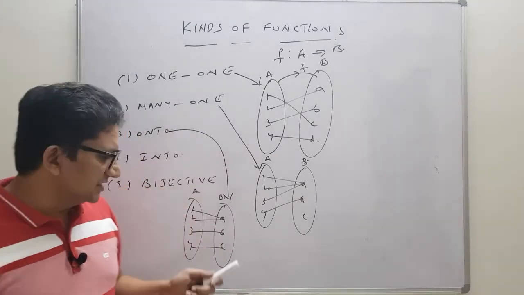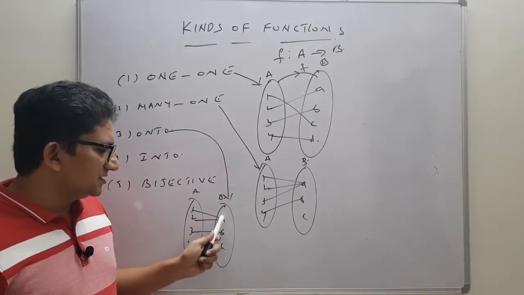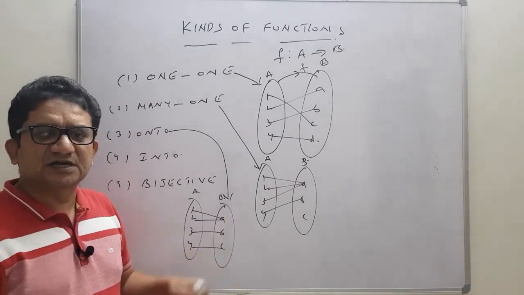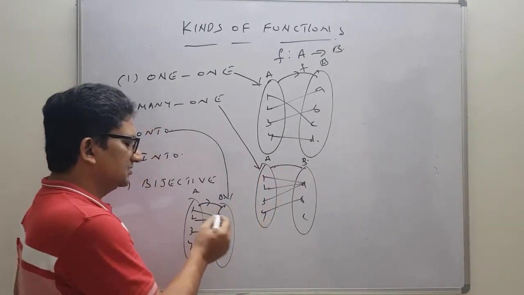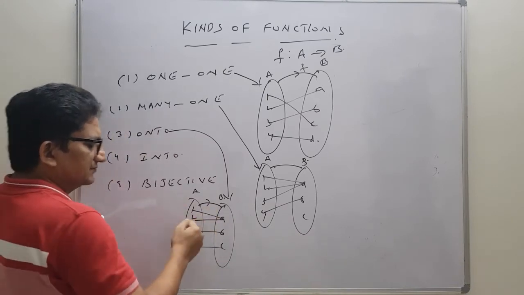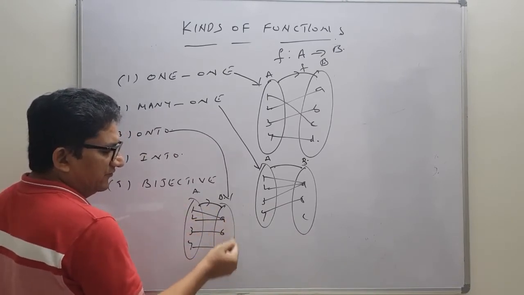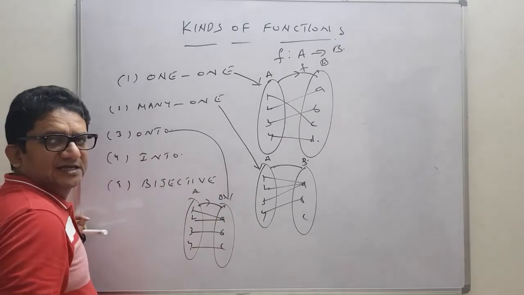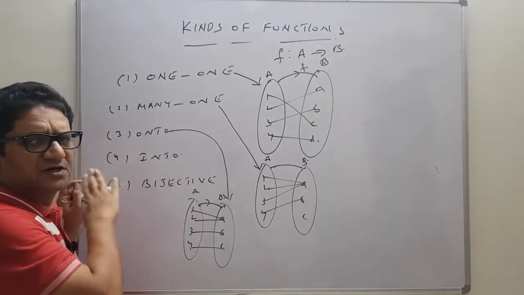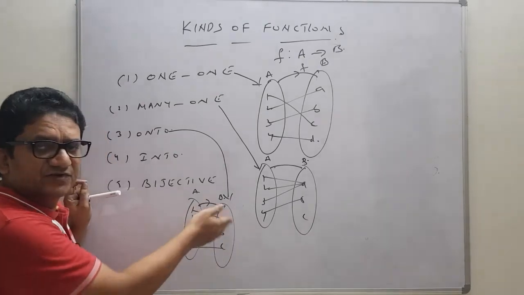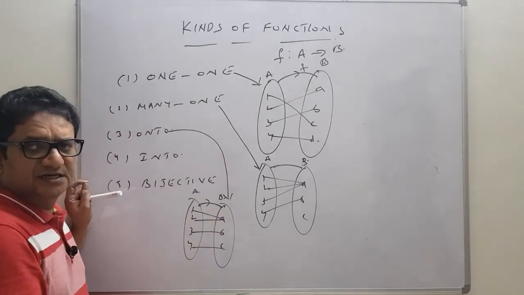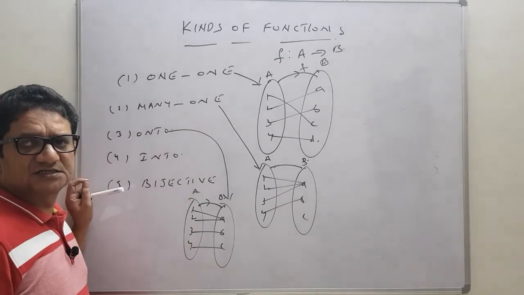Now if you notice here, none of the elements of set B is left alone. Every element of set B is engaged. Whether it is many-to-one or one-to-one, we are least bothered. Here we should not leave anything. So everything in set B has a pair in set A, then we can call the function onto.